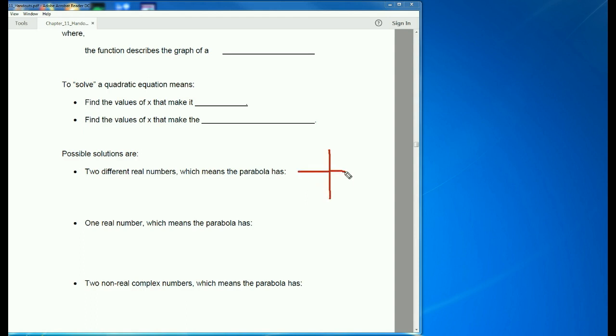So for example, this one cuts through the axis like this. This one, it just touches the axis, just at that single point. Or two non-real complex numbers, which means the parabola has zero x-intercepts. It is completely above or completely below the x-axis.